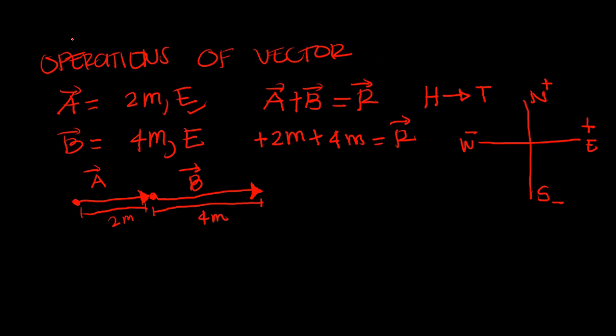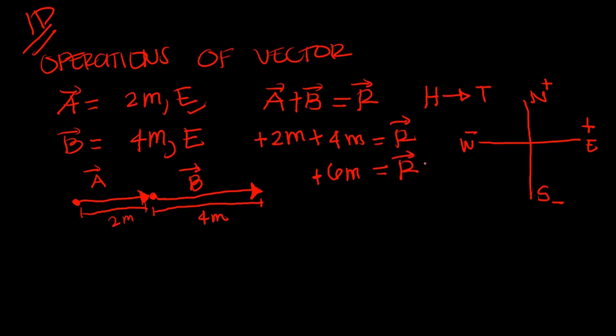These operations of vectors focus on one dimension. Let's stay with one dimension for now. Why did we say one-dimensional? It's because the vectors that we are adding here are pointing in the same plane, and here they are horizontal, going east. So if we add this, we will have 6 meters, positive 6 meters.